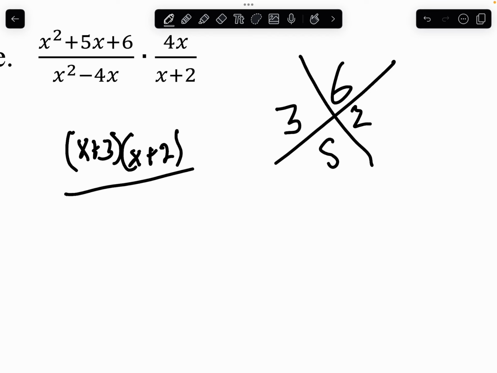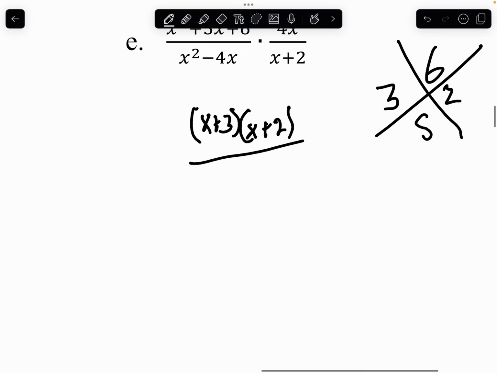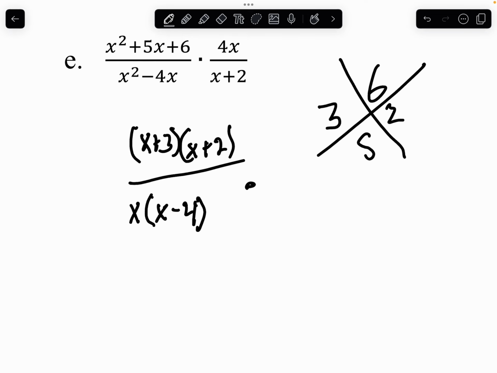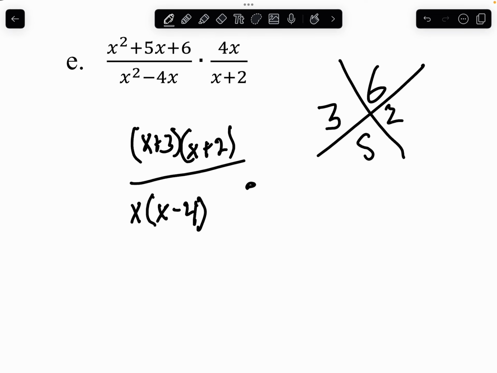And then the bottom we can factor out an x. So we'll do x times x minus 4. And this one we just leave it 4x. And then over x plus 2.